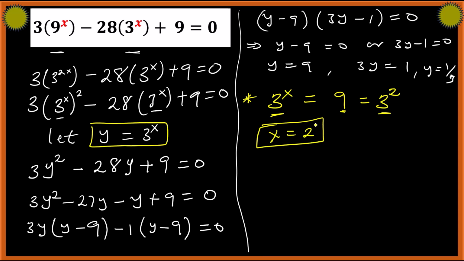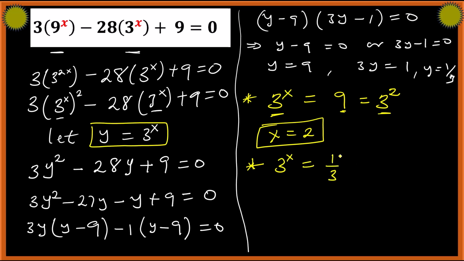All right. Now let's go to the next one. All right. So the next one has to do with 3 raised to x equals 1 on 3.